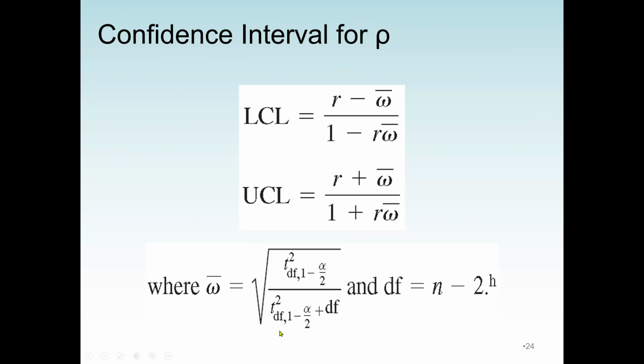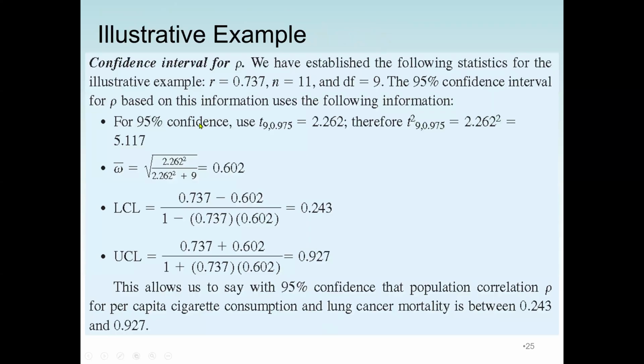The same thing applies here. We look for the value in the t table because we know the degrees of freedom and we know the alpha value, so we can find the value here. So the formula is we find this, then we add it to the degrees of freedom, DF. Let's see the example here. I want to find the confidence interval for the population correlation coefficient.